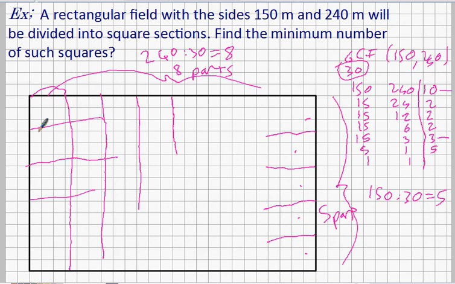Like 30 by 30. There are going to be 5 parts in here, 8 parts over there. 5 times 8, there will be 40 squares, which are 30 meters by 30 meters. That's the least number of squares.